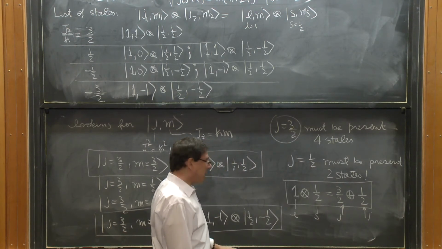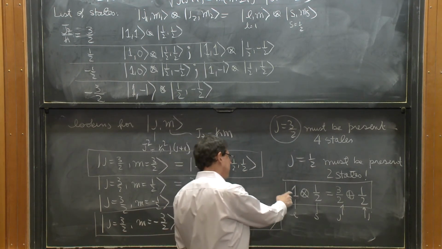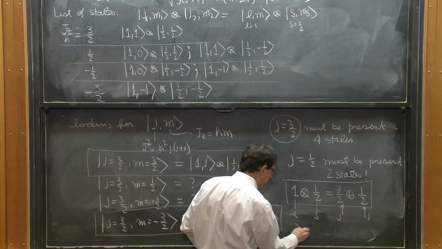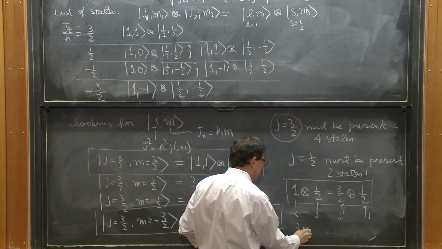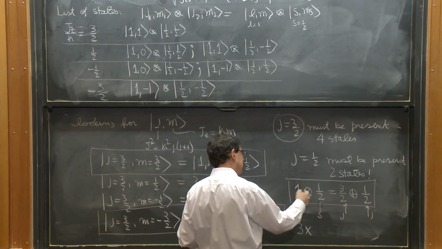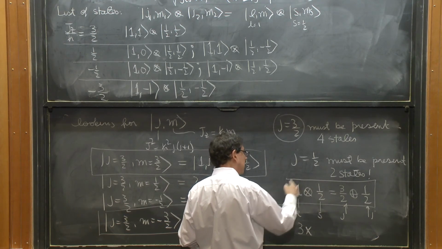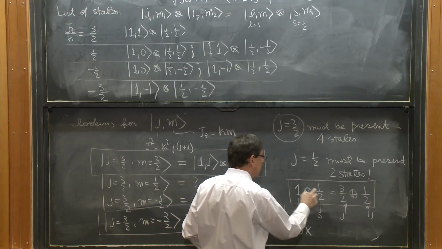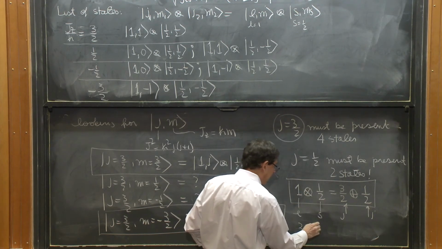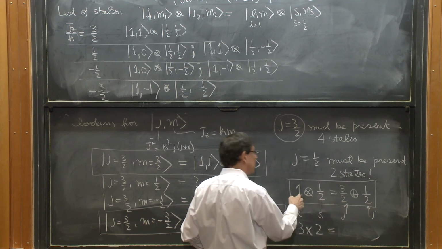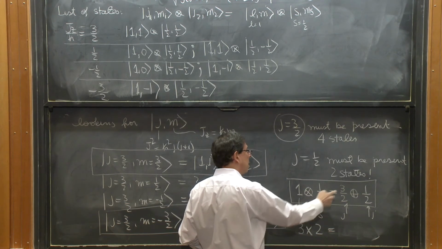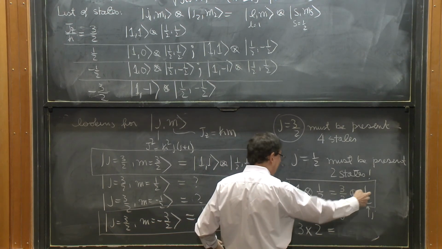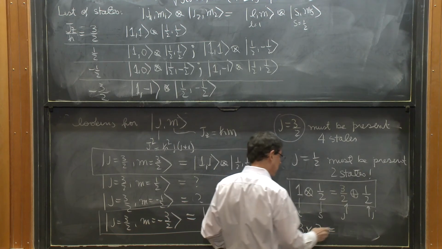And in terms of number of states, the dimensionality of this is the dimensionality of the first times the dimensionality of the second. These are 3 states, 2 states. Total dimensionality was 6, as we know. And here the dimensionalities add in the direct sum of vector spaces.